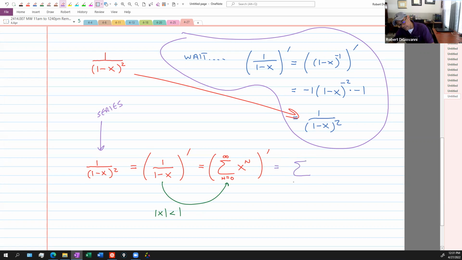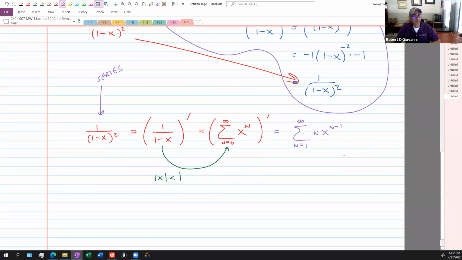This is the sum, n equals 1. I'm going to shift the index, and I'm going to use the good old power rule, x to the n minus 1. And then that, if I wanted to write out the first few terms, would be 1 plus 2x plus 3x squared plus 4x cubed plus dot, dot, dot forever.